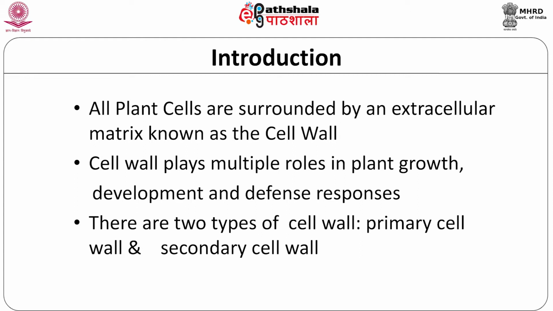Primary cell walls are deposited during active growth and are relatively unspecialized, whereas secondary cell wall is formed after the cell growth during differentiation. Cell wall is permeated by small membrane lined channels called plasmodesmata.